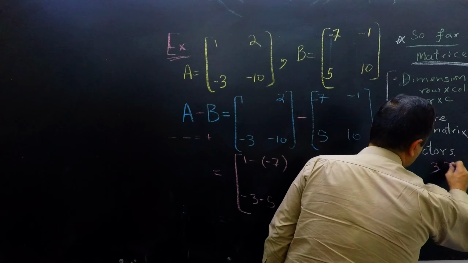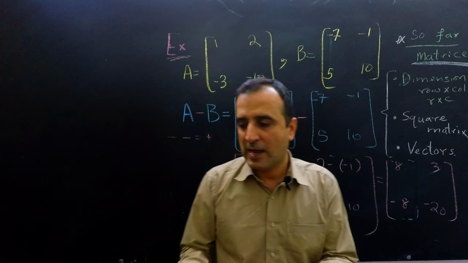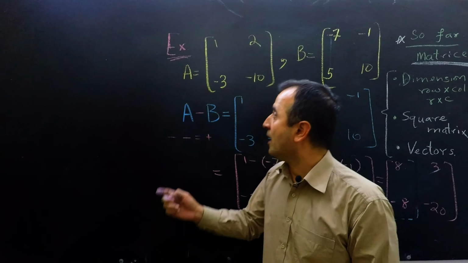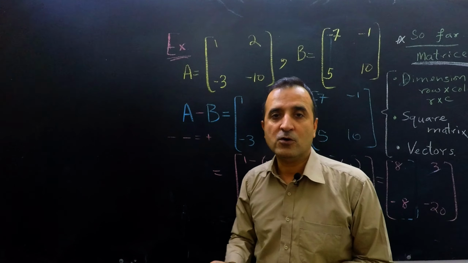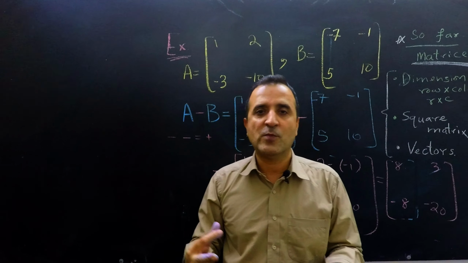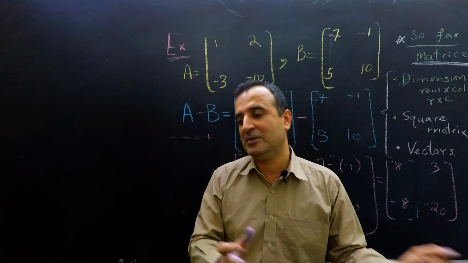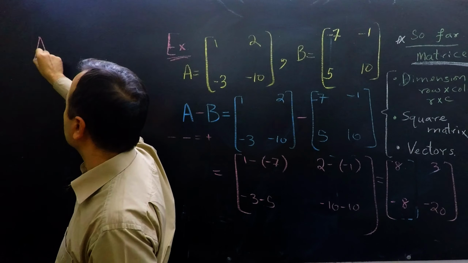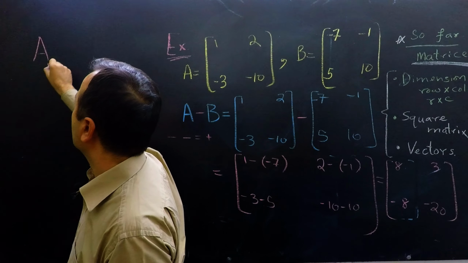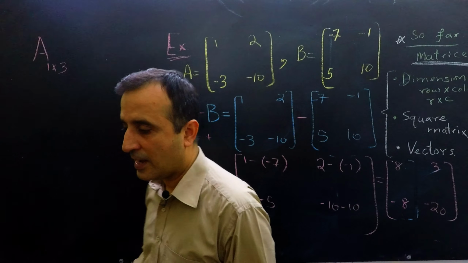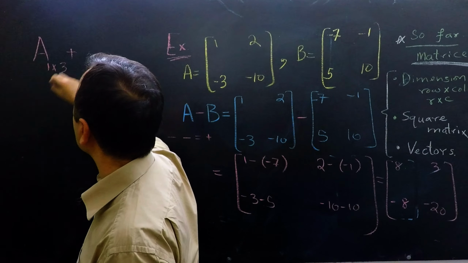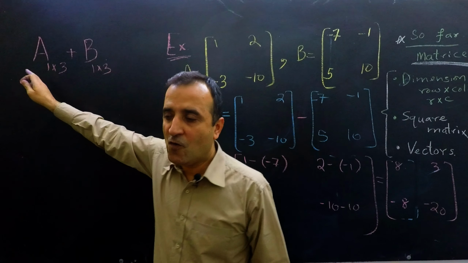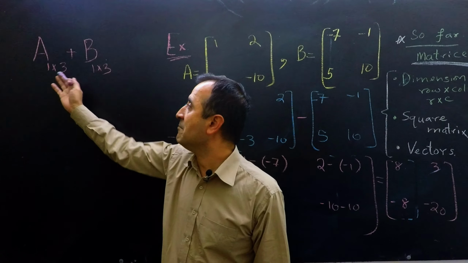So now we have learned how to add matrices and how to subtract matrices. But you can see, because we are adding corresponding entries, to add two matrices or to subtract two matrices, we must have the same dimension of the matrices. For example, if we have a matrix A with dimension 1 by 3, and we want to add matrix A with matrix B, and B also has dimension 1 by 3, we can obviously add these matrices because they have the same dimensions.